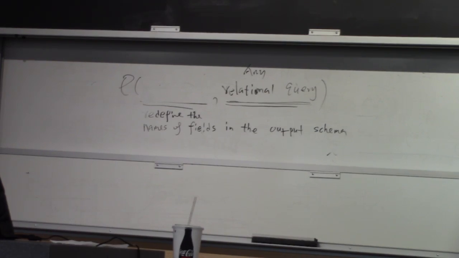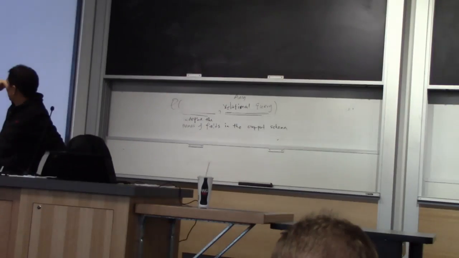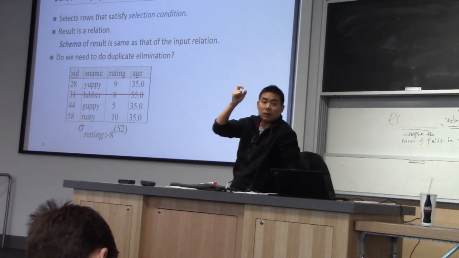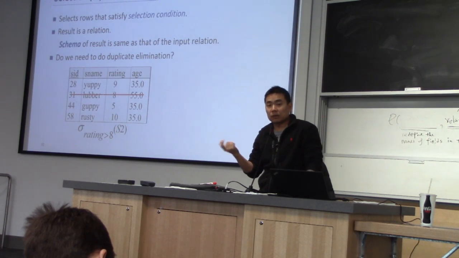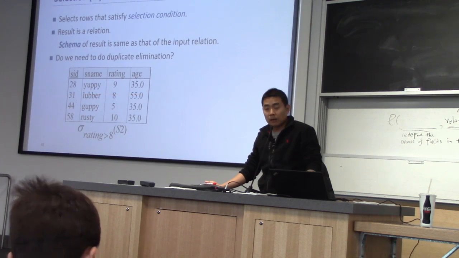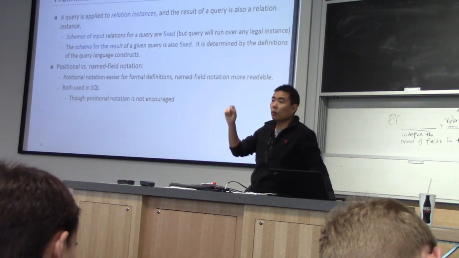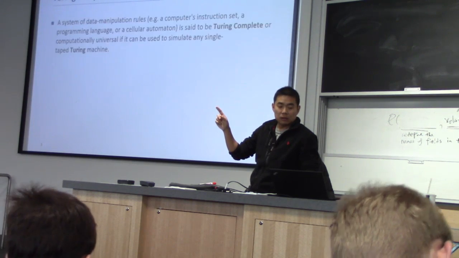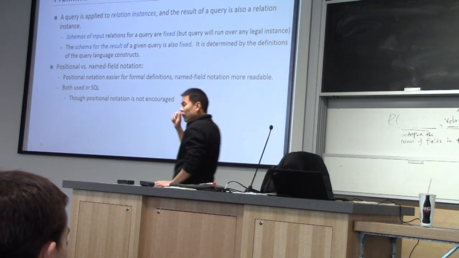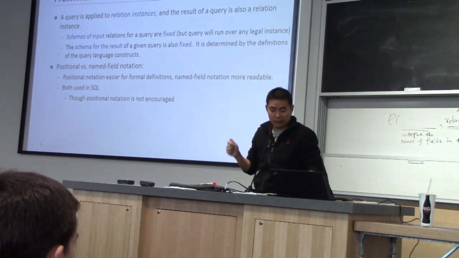Like if you look at the projection, sailor name, rating. If you look at the selection, rating, and so on and so forth. We've always been using names of a particular field or a set of fields to refer back to those columns from a schema. Another convention you can use to refer to one or more attributes or fields from a schema is by its positional index.